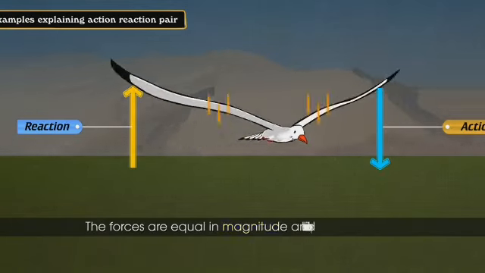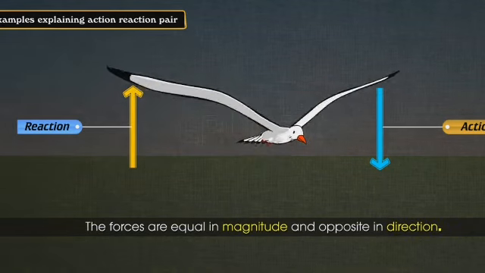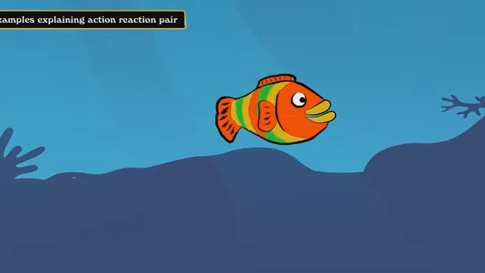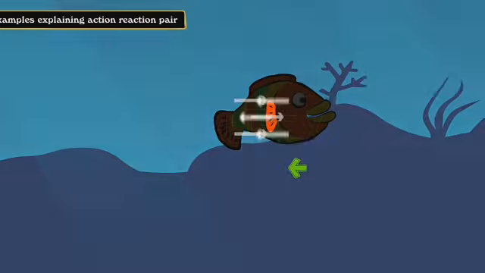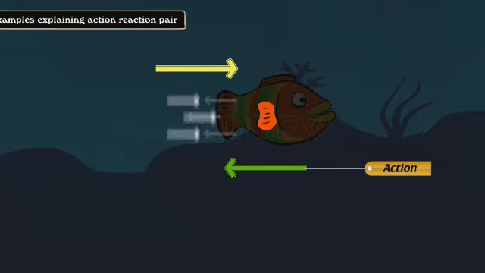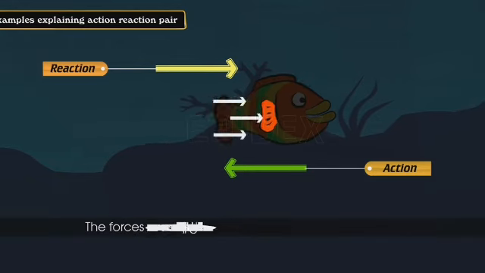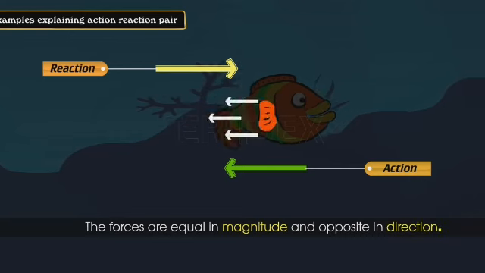Both the forces are equal in magnitude and opposite in direction. When the fish swims in water, the fish pushes the water back and the water pushes the fish in the opposite direction. Both the forces are equal in magnitude but opposite in direction.